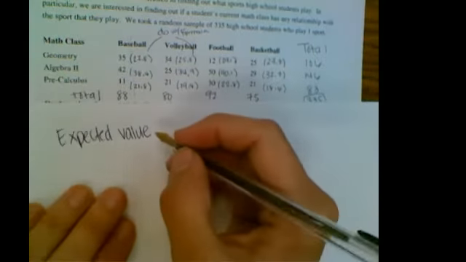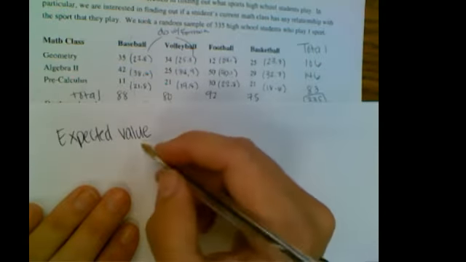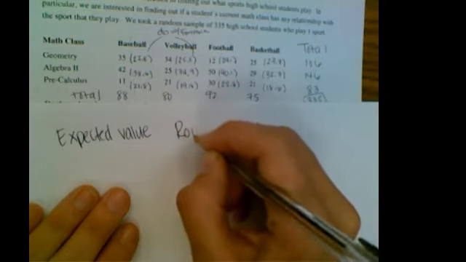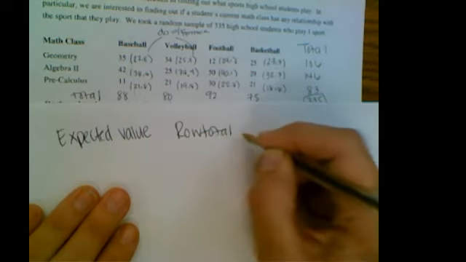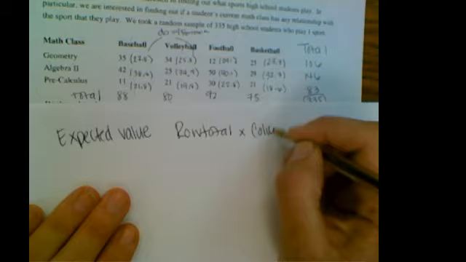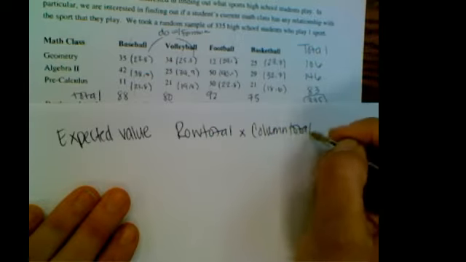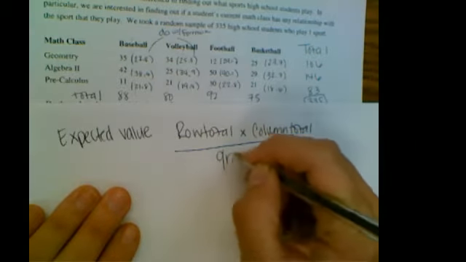But now that we have this table, unless you want to go back to when we did marginal and conditional distributions and you find those proportions, you're just going to want to remember the following equation. So expected value is going to be the row total times the column total divided by the grand total.